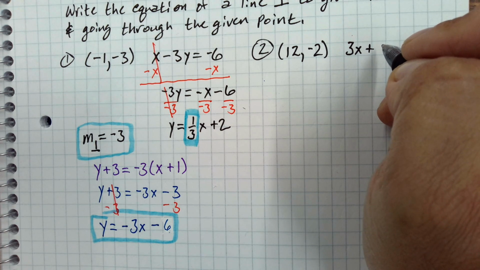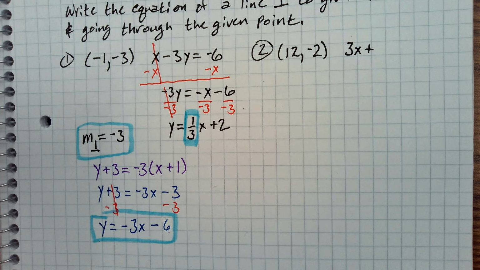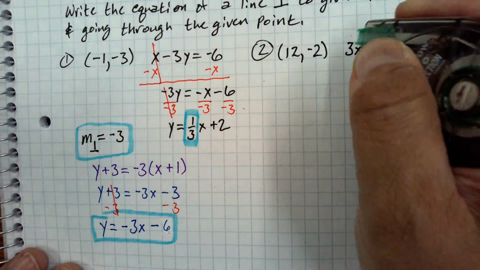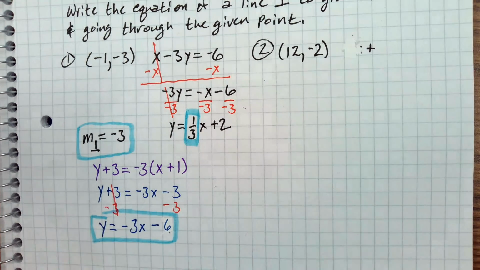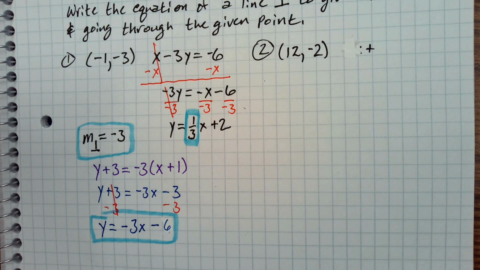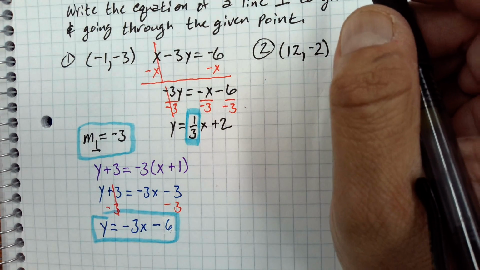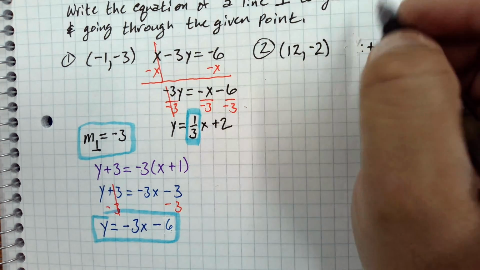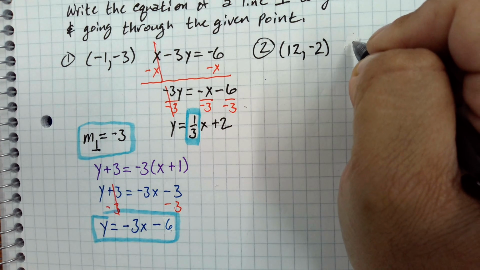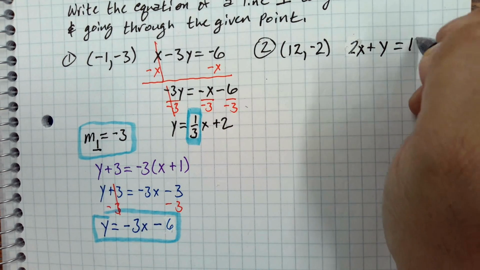Huh. Okay. Well, when in doubt, let me rewrite this one. Let's do 2x plus y equals 11.